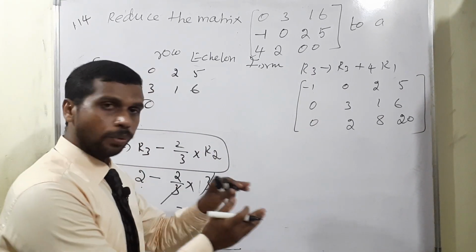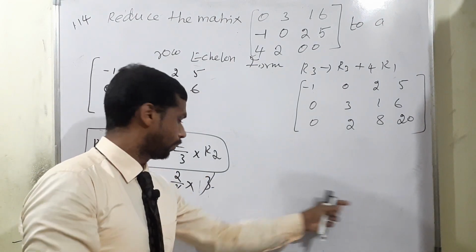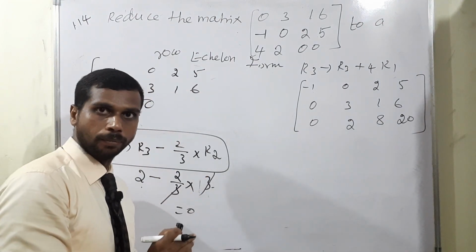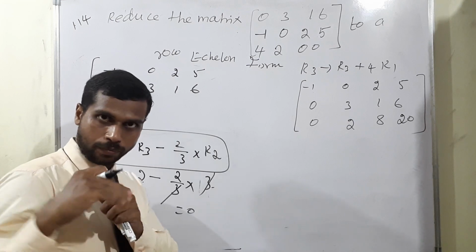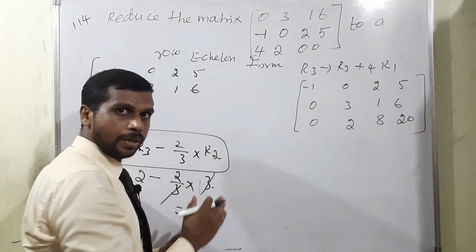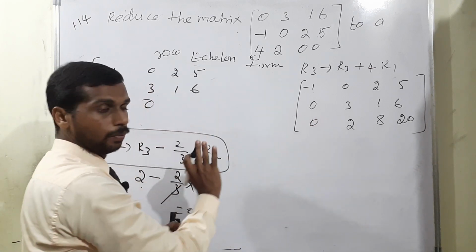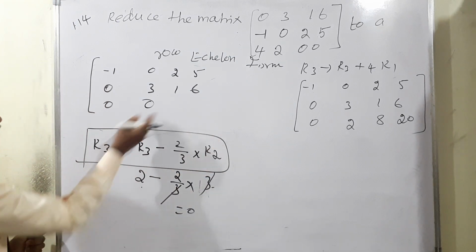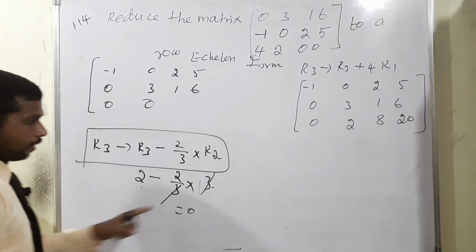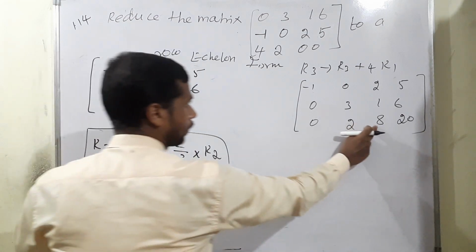If you know the concept thoroughly, no need to apply each and every step during the problem. If such a question comes in the question paper, just do the step and write the answer directly, okay.